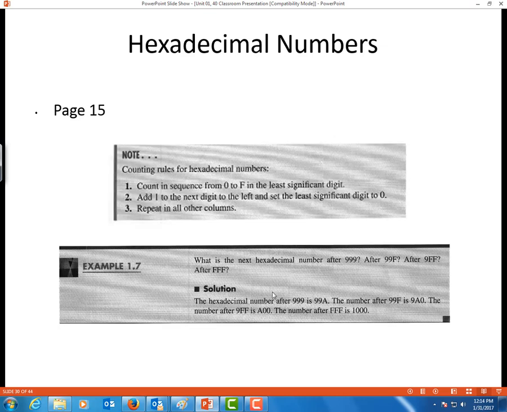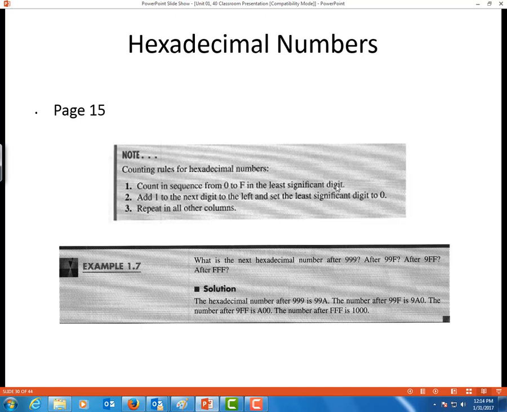Now they talk about the counting rules. The counting rules for hex are basically what's listed in the table. You start at 0. Next is 1, 2, 3, 4, 5, 6, 7, 8, 9. Then you have to start at the letter A. Then B, C, D, E, and F. So the first rule here is count in sequence from 0 to F in the least significant digit.